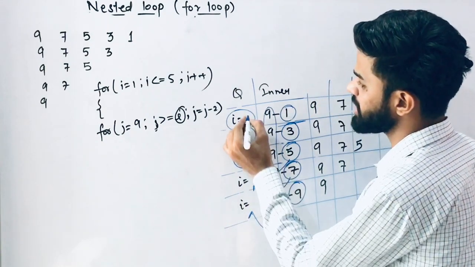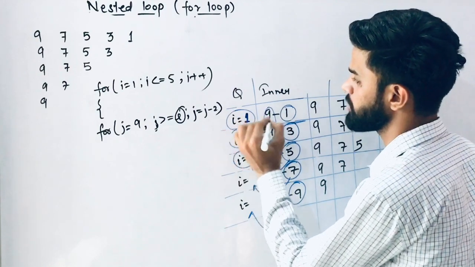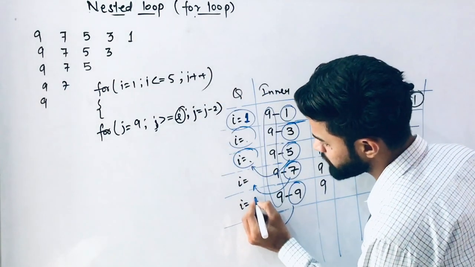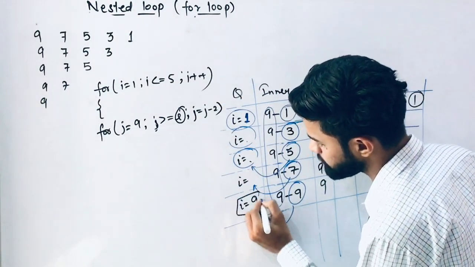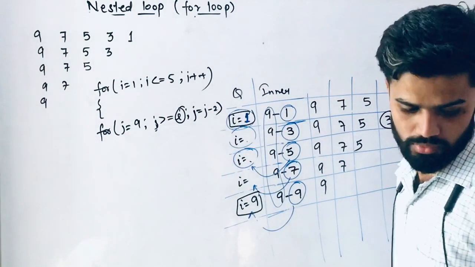I starts from 1, and in the last iteration the value of I is 9. Clear? See what I am saying?